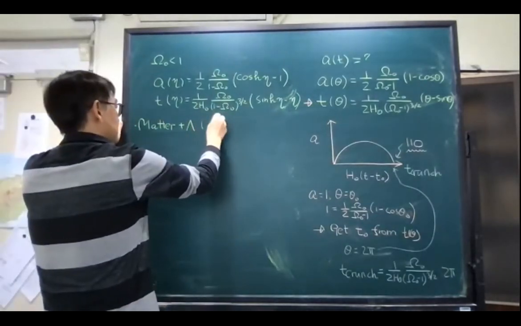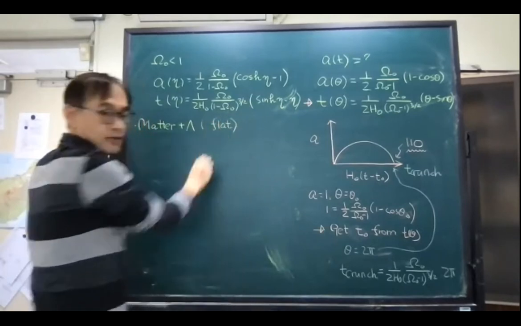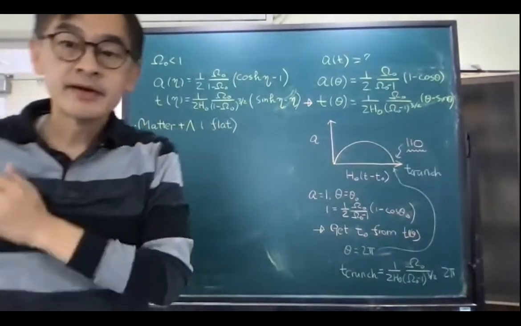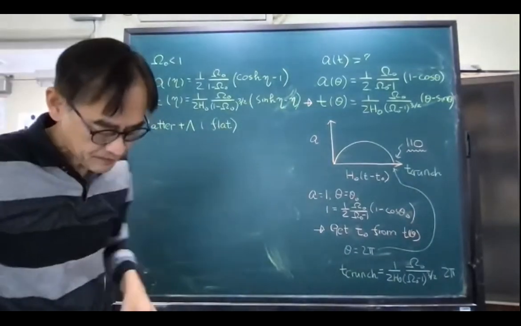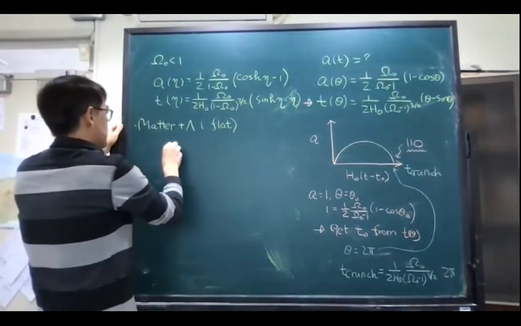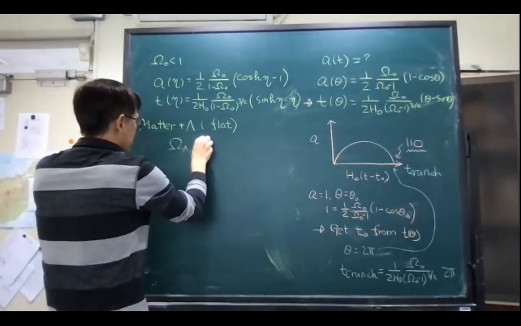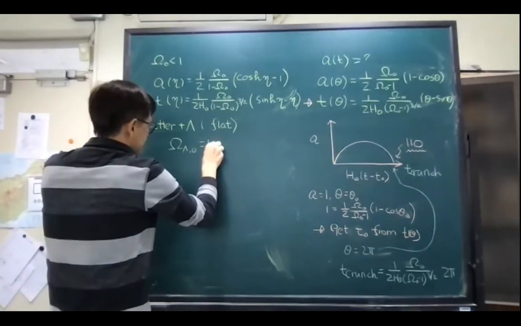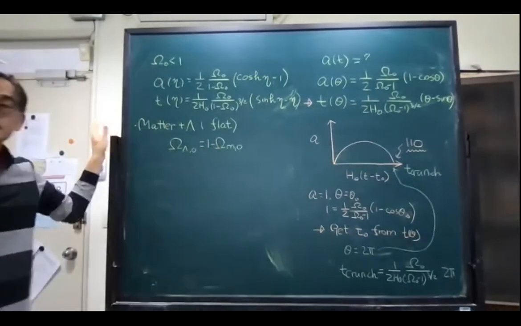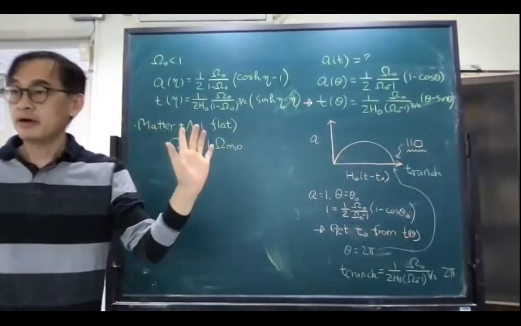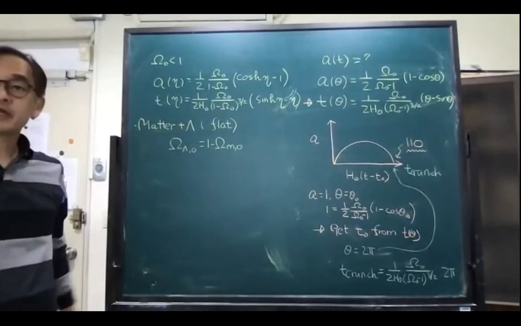So we are talking about flat universe. How am I doing with the time? 41. So lambda 0 is 1 minus omega matter 0, because number 1, we are talking about flat universe. Number two, there's no radiation.